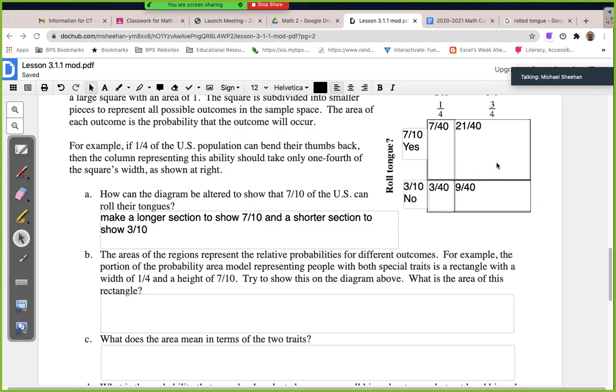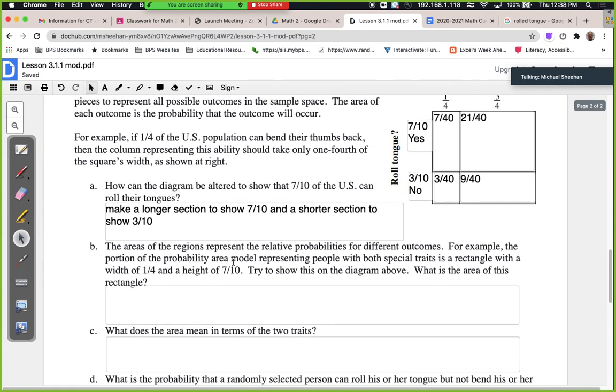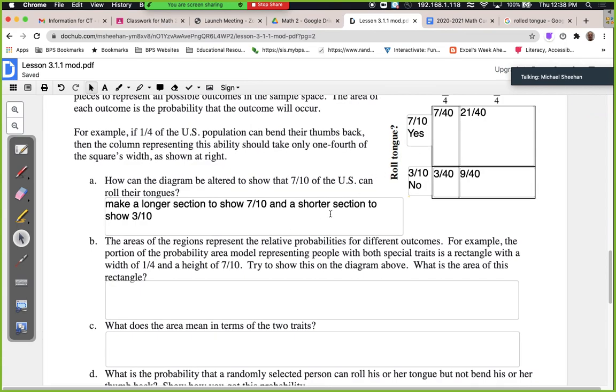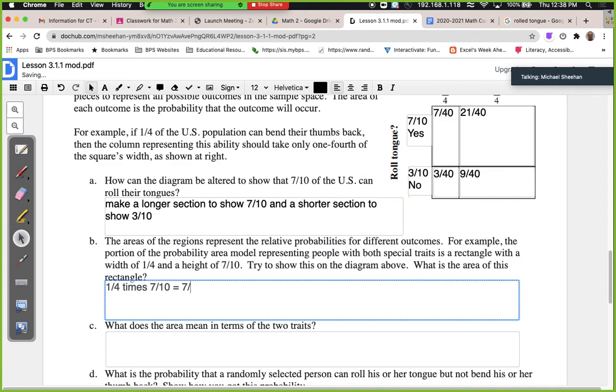All right, and we already did this stuff. We already answered part B. If there's a width of 1/4 and a height of 7/10, we just multiply them. 1/4 times 7/10, and we get 7 out of 40. So it's really 1/4 times 7/10, and the answer was 7 out of 40.